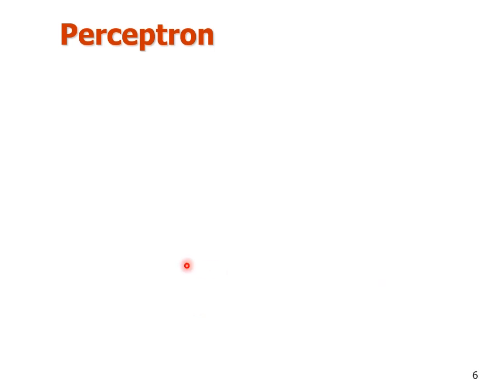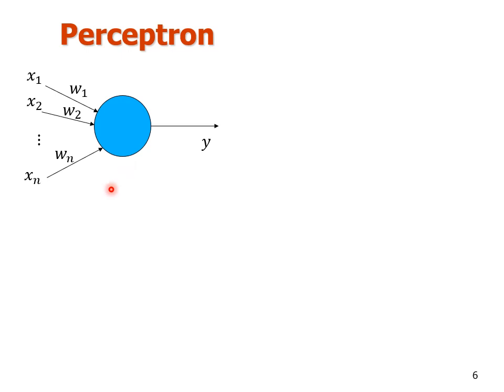Now let us see how we can formulate the output y. Please see here, we have the inputs x1, x2 up to xn. Every input is associated with a weight w1, w2 up to wn, that is fed to the node or neuron. Now what is the neuron doing? The neuron takes the weighted sum of the inputs.